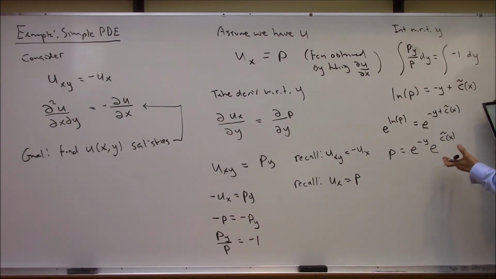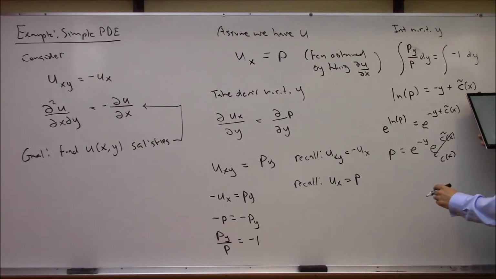This is just again some arbitrary function of x. So let's rename this whole thing c of x, just some other arbitrary function of x.